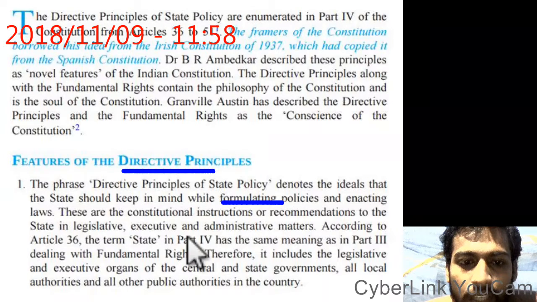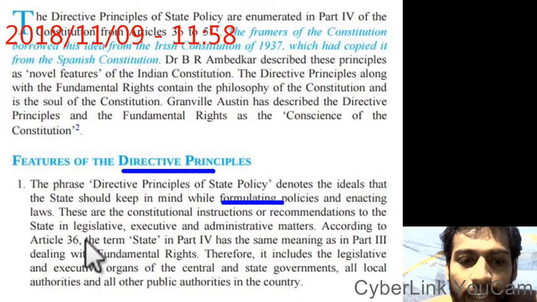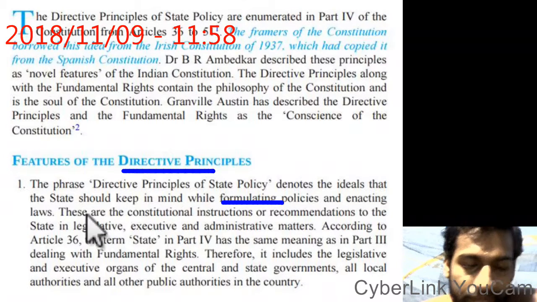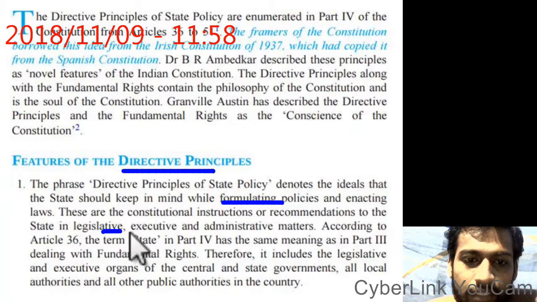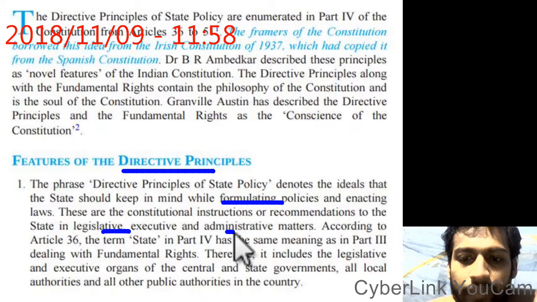It is an important line. These are the constitutional instructions or recommendations to the state in legislative, executive and administrative matters.